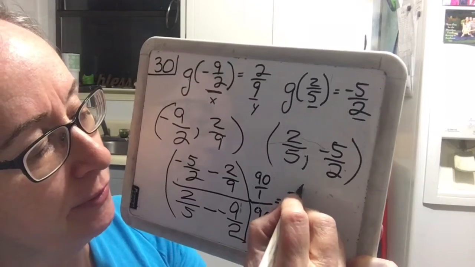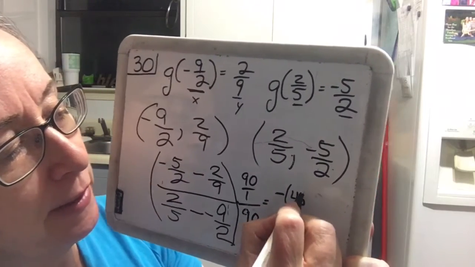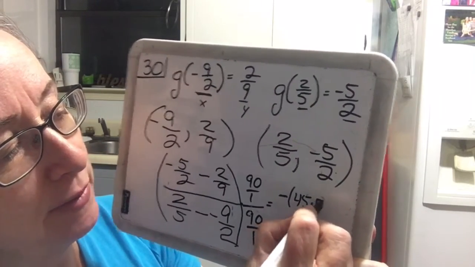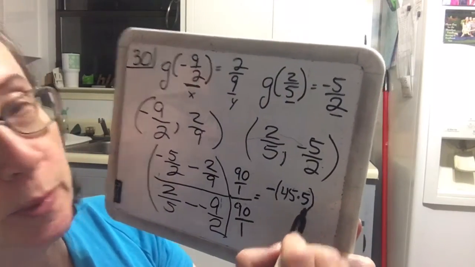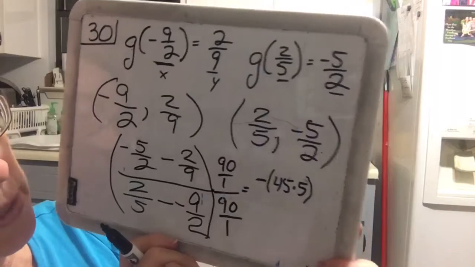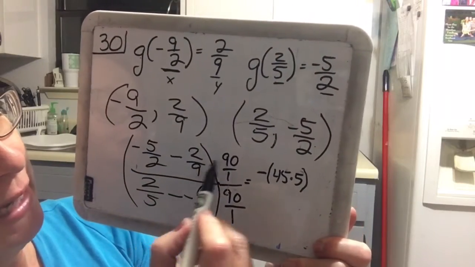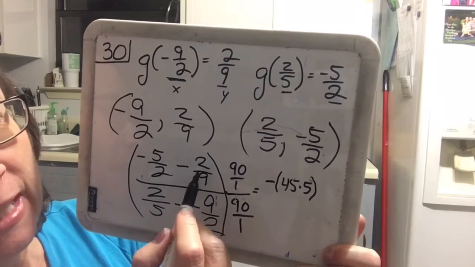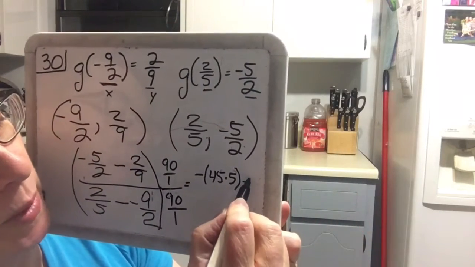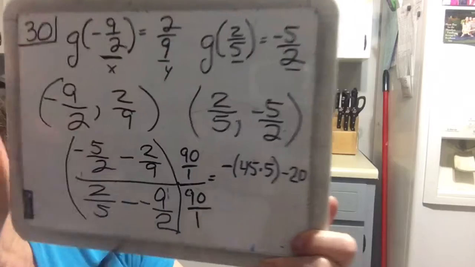Notice I'm not even bothering to do the math right now. Put a little parenthesis, and then we'll go get a new board to spread it out. And then the 9 and the 90 are going to cancel, and I'll get a 10 times a negative 2, which is a negative 20.